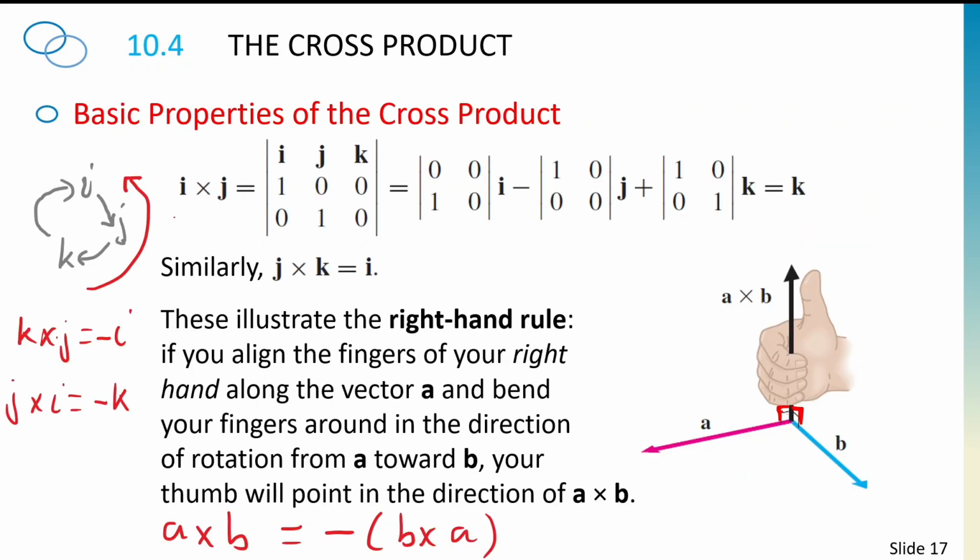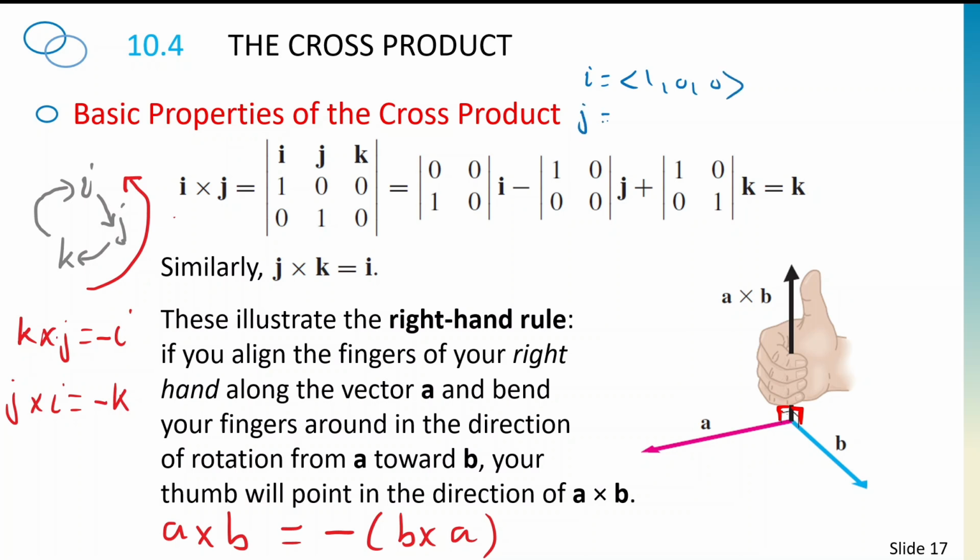Now, if I need to use the cross product for the standard basis, let's try I cross J. See, the first row is again i, j, k. We know that I is equal to what? Let's recall together. As you already know, I is basically 1, 0, 0.